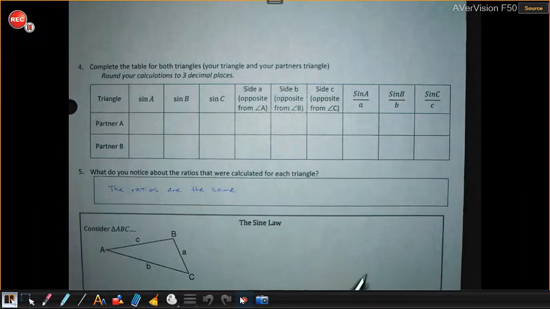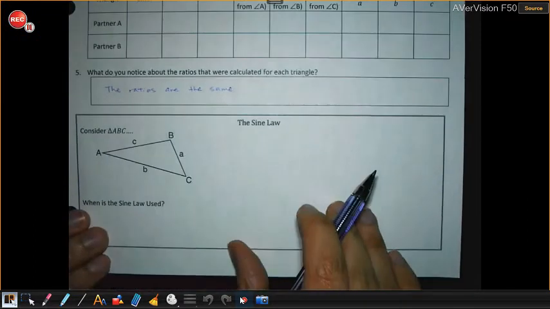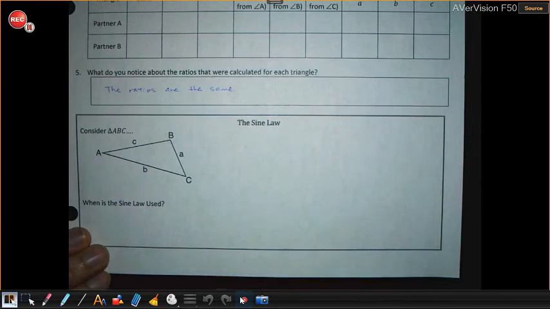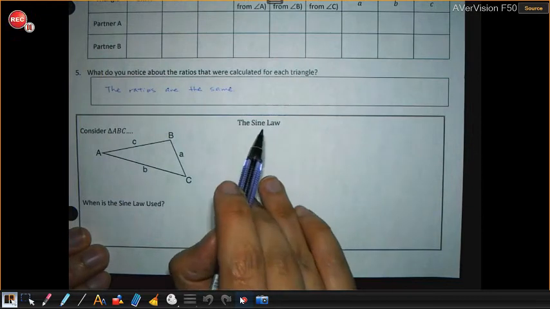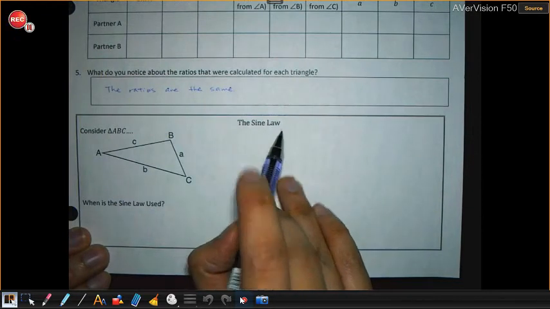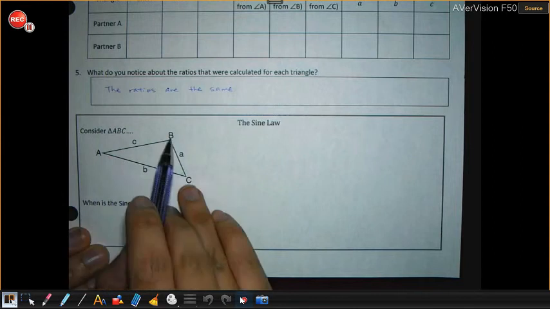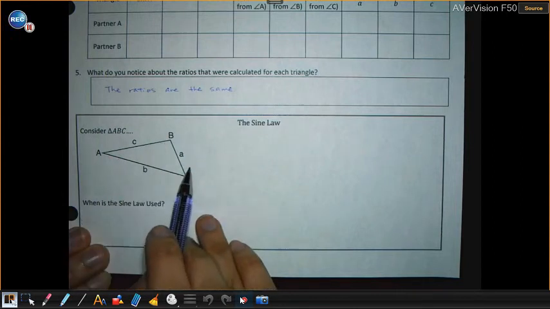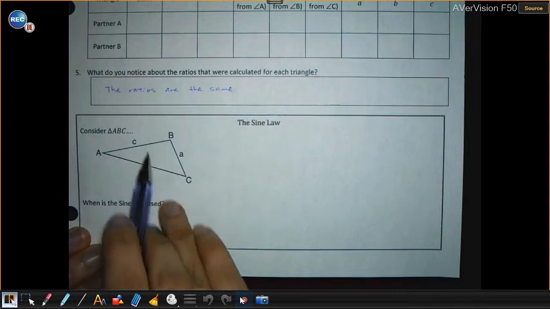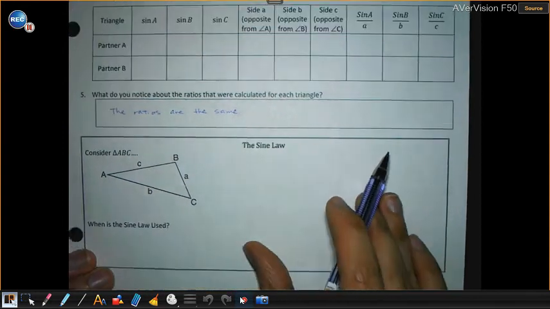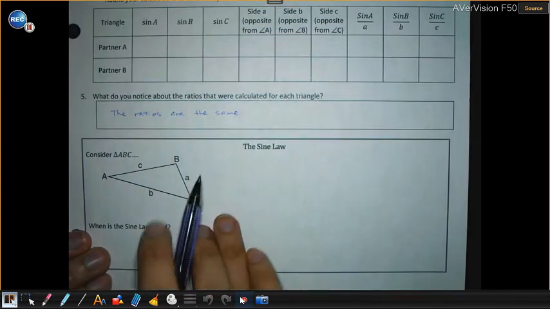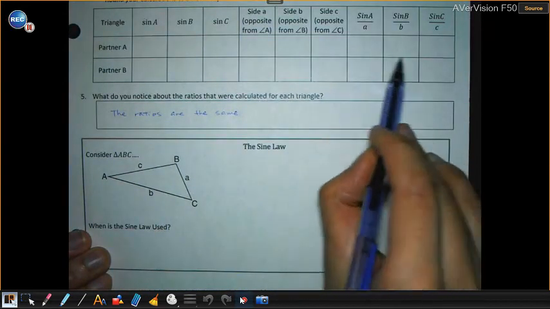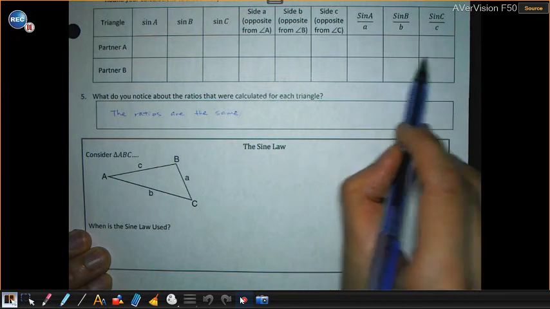With non-right triangles, the first method to figure out unknown sides and angles is called the sine law. So if we consider triangle ABC, angles are capital letters, the sides are lowercase letters. The formula will be that these ratios are equal to each other.